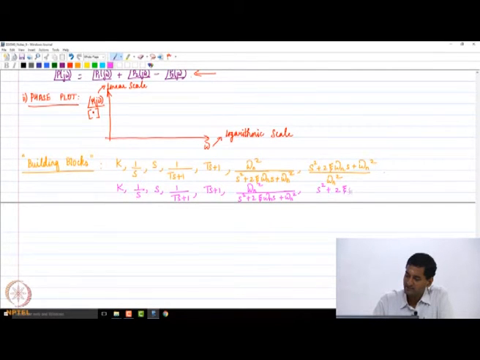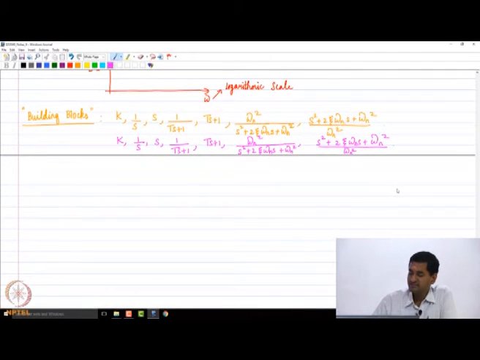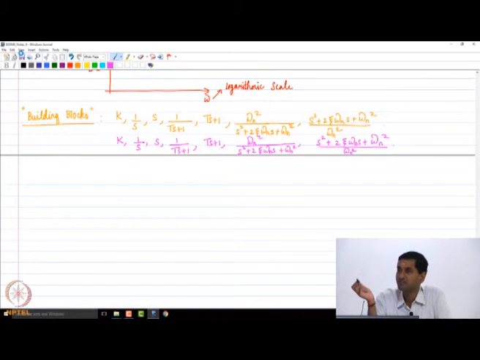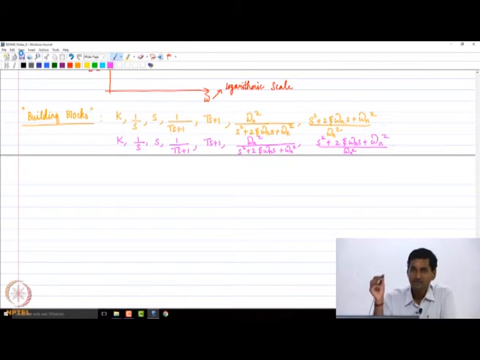So we can have all these factors. Now you can immediately observe that I can rewrite any transfer function in this particular form. We will see how to do that as we go along. These are the basic building blocks that we are going to look at. If we understand how to plot the Bode diagram for each of these building blocks, then we are done.